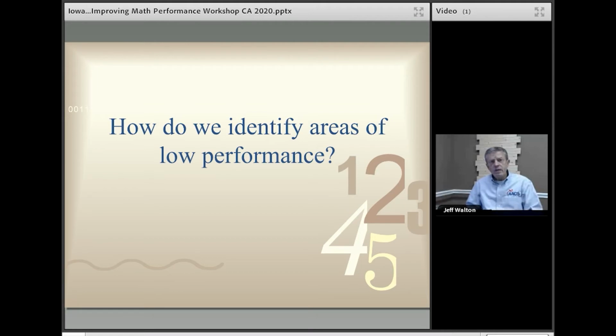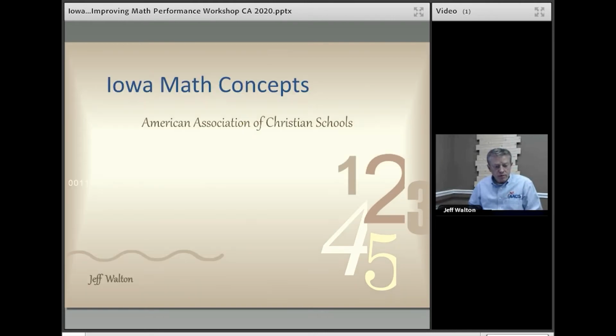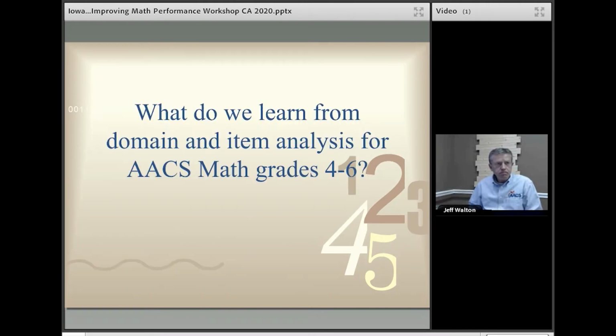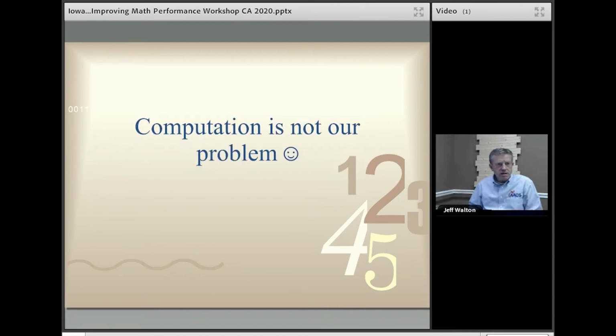When we did that for AACS students, we found significant weaknesses in math concepts and in reading comprehension. What do we learn about math concepts from that domain and item analysis for grades 4 through 6? We learned first that computation is not our problem.